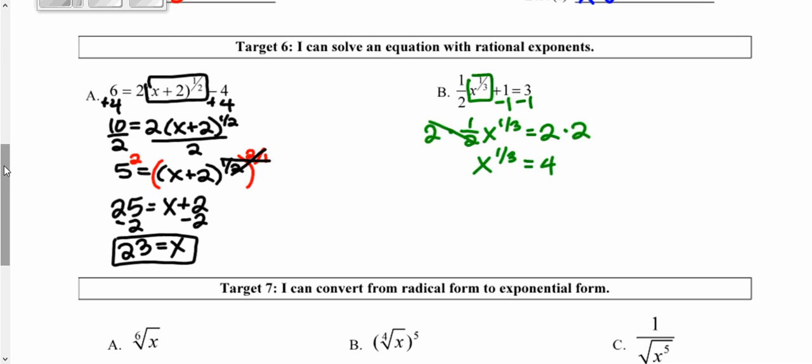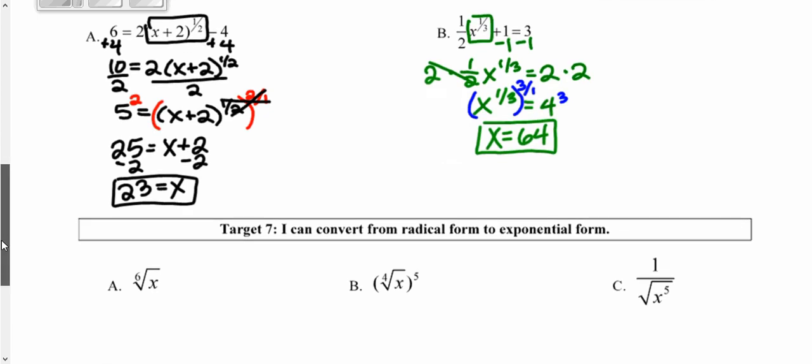And now to get rid of the 1/3, we take both sides to the reciprocal exponent, which would be 3 over 1, or just 3. So that leaves us with just x on the left-hand side, and 4 to the 3rd power is 64. Make sure you don't do 12. That's 4 times 3. We're doing 4 times 4 times 4, 4 to the 3rd power.